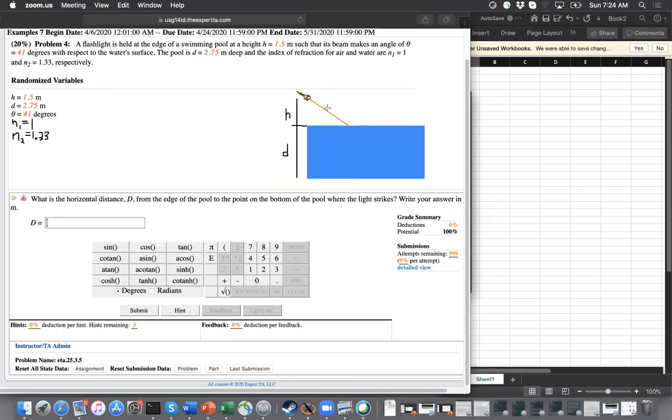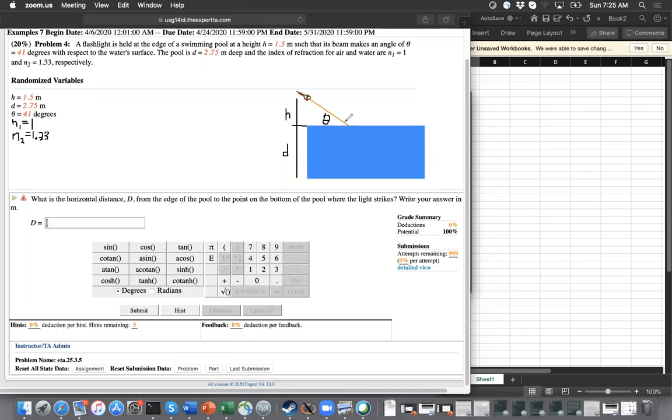And then it's this angle here that is the angle theta. This is what theta is, because we're explicitly told it makes an angle of theta degrees with respect to the water surface. So this is 41.